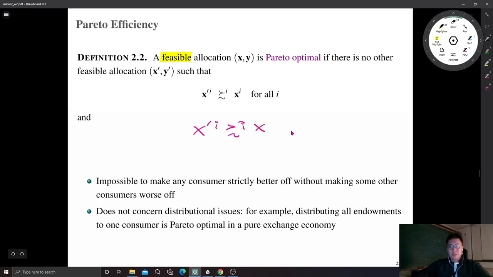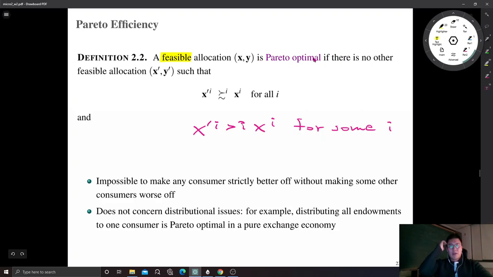Strictly prefer. So we have to eliminate this notion. So if there is no other feasible allocation x prime and y prime satisfying this relation, then we say the allocation x and y is Pareto optimal.